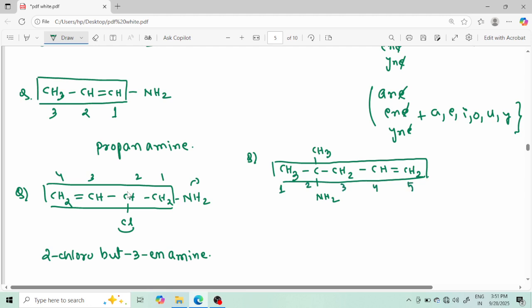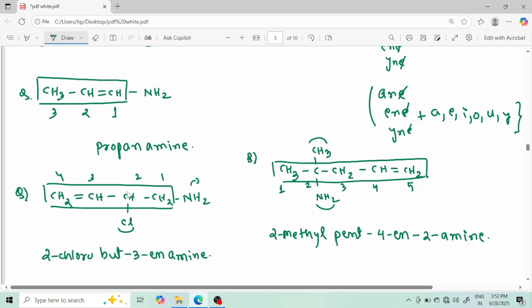Okay, so I have one side chain also, this one. What will be the name of this side chain? So 2 methyl, and then what I can write, pent. At fourth position I have double bond, so 4 en. But here functional group is not in first position. Okay, so if it is not in first position, you have to specify the position also, 2 amine, because that functional group is present at second position. Is that clear? I hope it's clear, right?